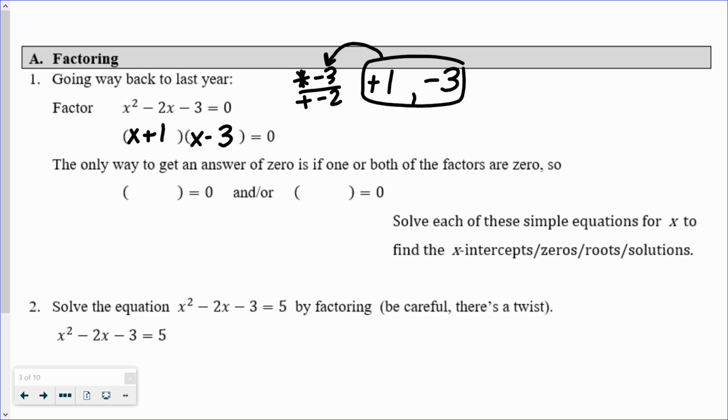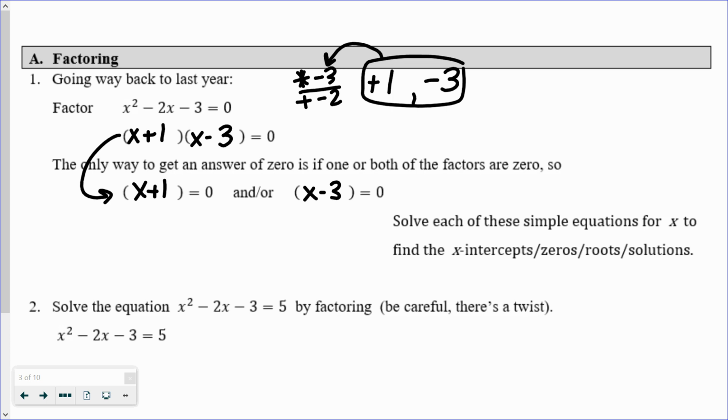The only way to get an answer of 0 is if one or both of the factors are equal to 0. So what we want to analyze is what makes each of those factors, x plus 1 and x minus 3, equal to 0. Because if either of them is equal to 0, that will make the whole left-hand side of your equation equal to 0.